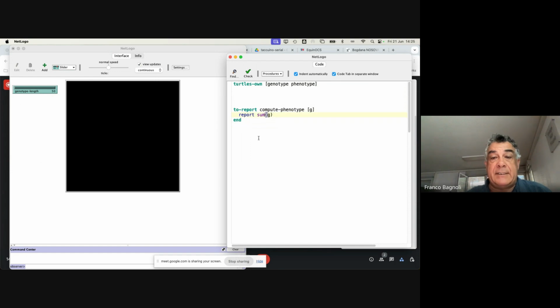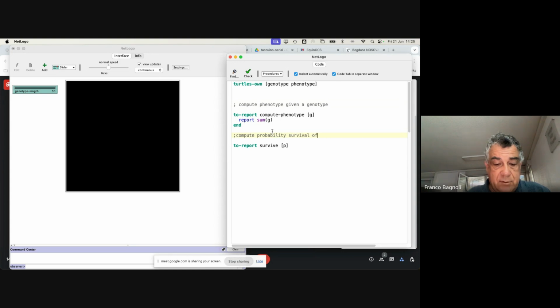So this is another function, to report survival of a phenotype. This is just to say: compute phenotype given a genotype; compute probability of survival of a phenotype.